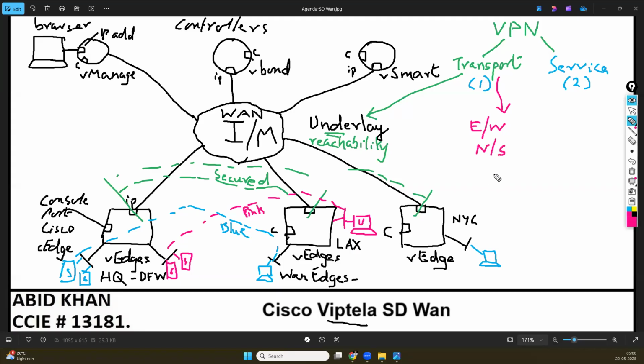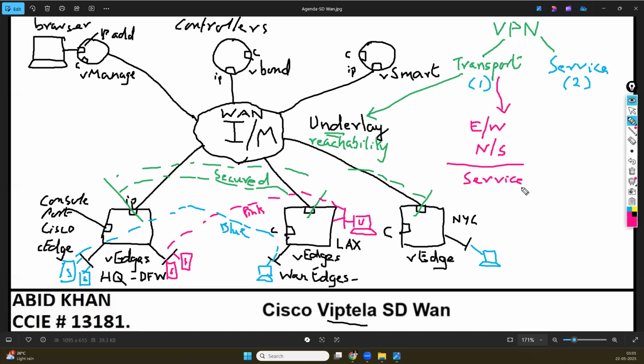And finally, once east-west and north-south communication has been established, that means all these components of Cisco Viptela SD-WAN, all the controllers and the WAN edges, every component has authenticated with each other, ultimately later on service traffic will also go through this WAN service.